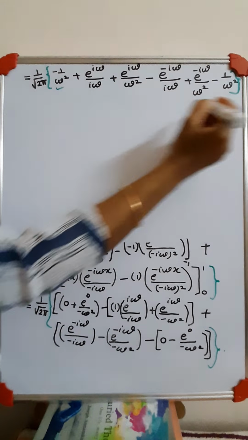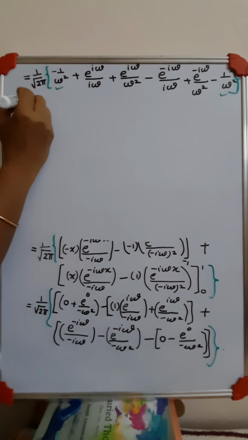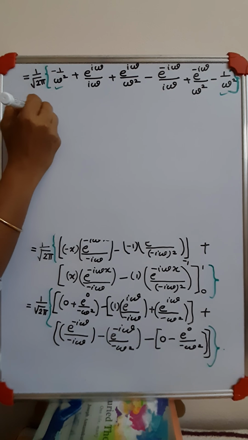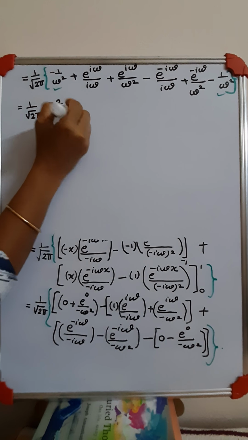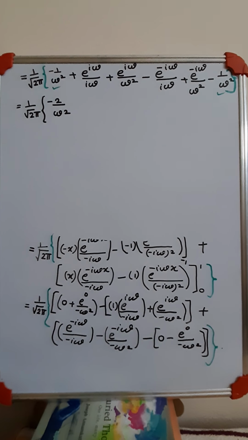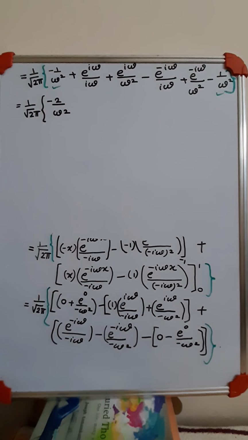So minus 1 by omega square and minus 1 by omega square, we can write it as 1 by root of 2 pi, it is minus 2 by omega square. Then next term, I omega is common for both the terms.